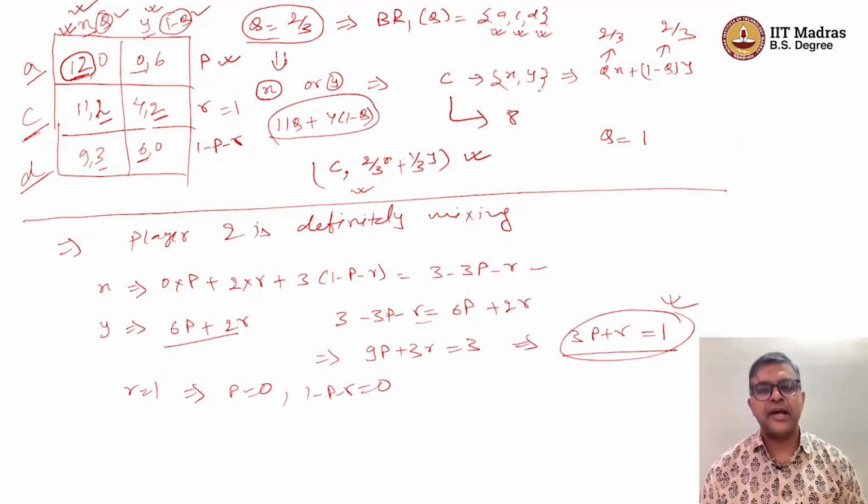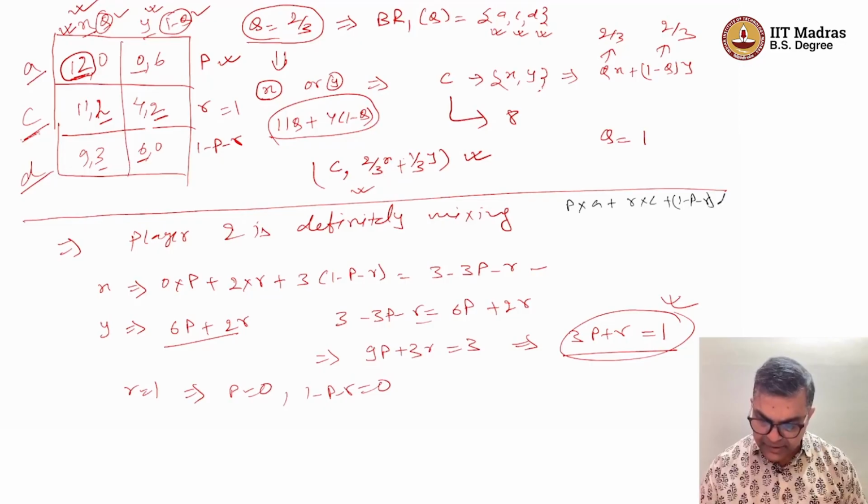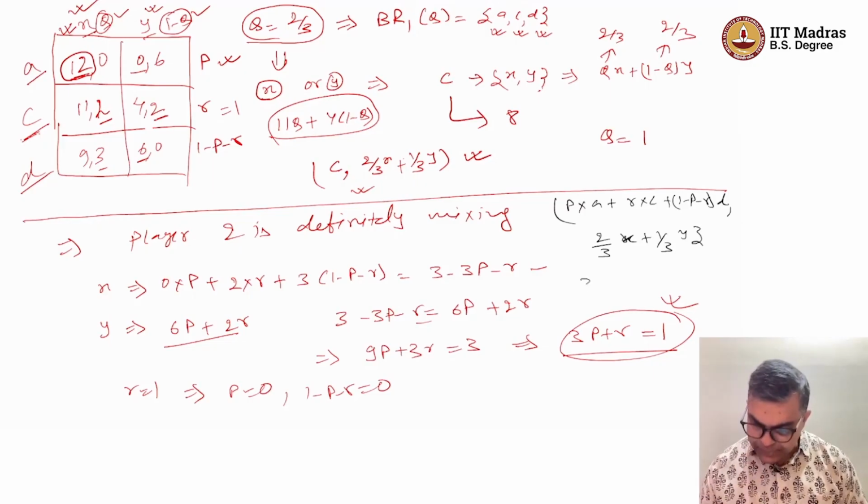What it tells us is there are many such equilibria in which player 1, let me use a different color, 0 0 1, is playing P multiplied by A plus R multiplied by C plus 1 minus P minus R multiplied by D, and player 2 is playing 2/3 x plus 1/3 y, such that 3P plus R is equal to 1.